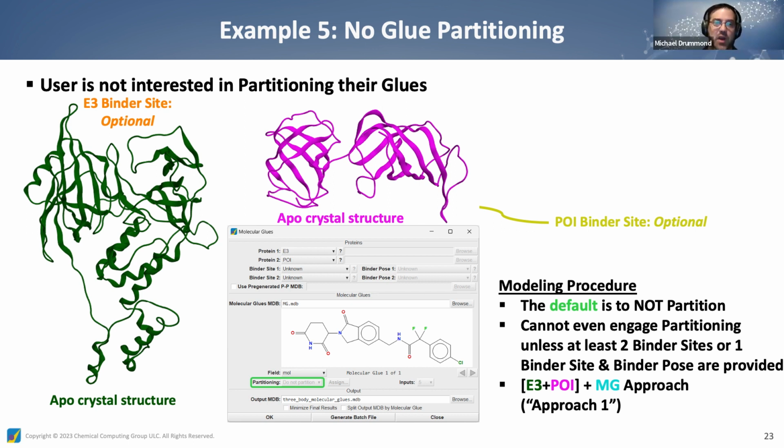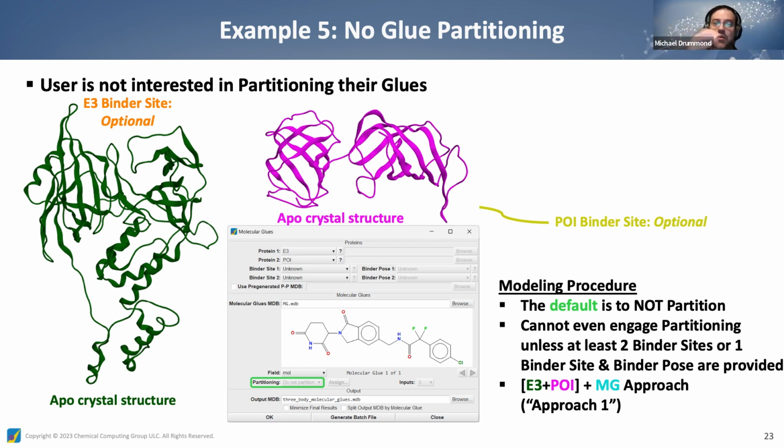And if you do that, then we're actually going to go with the most accurate approach that I've talked about before I talked about all this. That was approach 1 that I mentioned, where you take these two apoproteins, protein-protein dock them together to find out potential PPIs, and then that glue comes in as the final step there. And as I mentioned, you can optionally give me binder sites with the same panel.